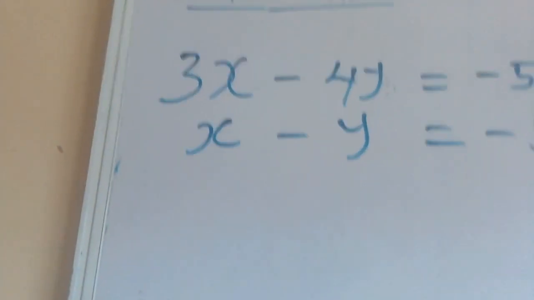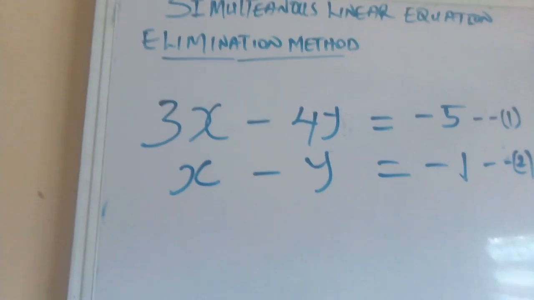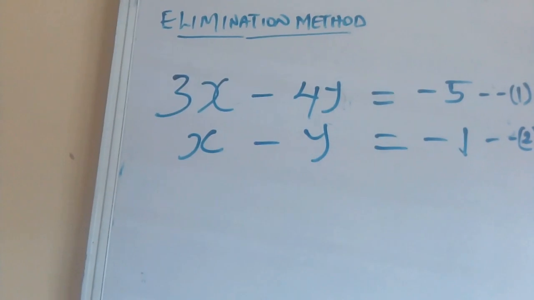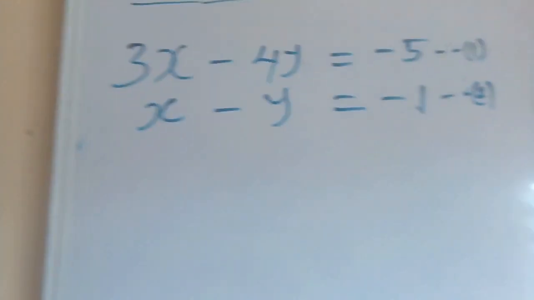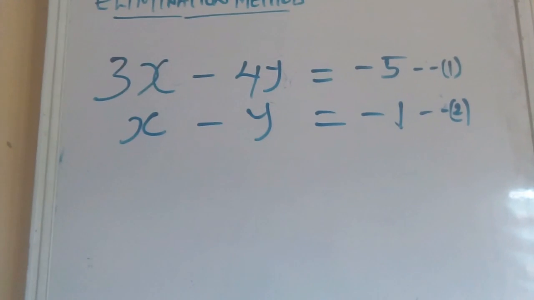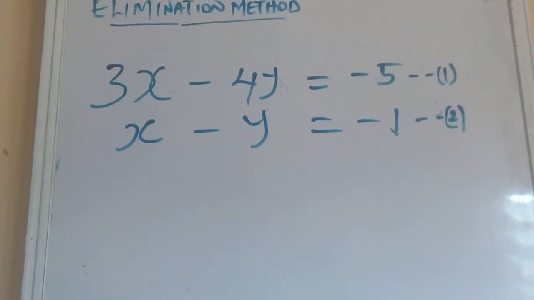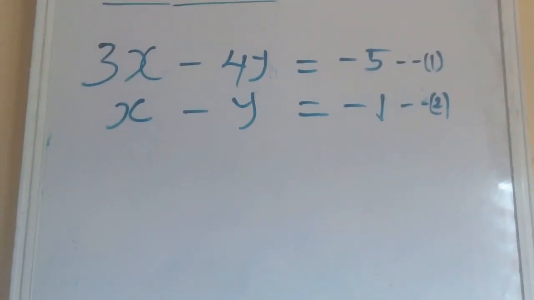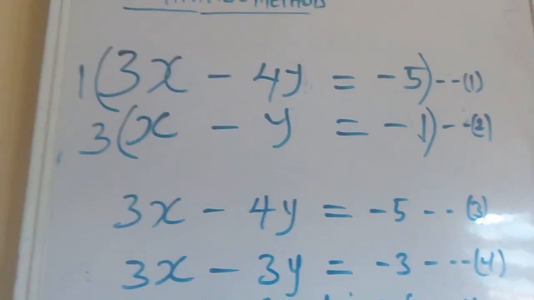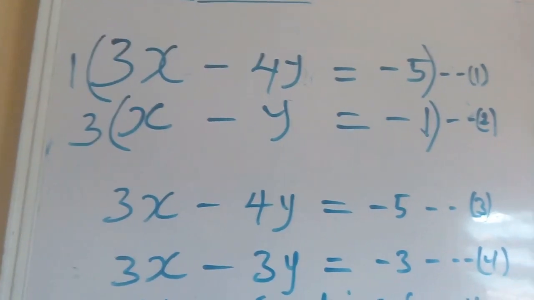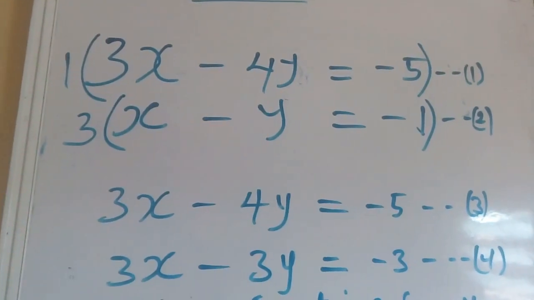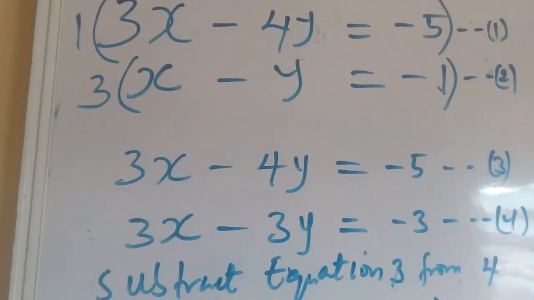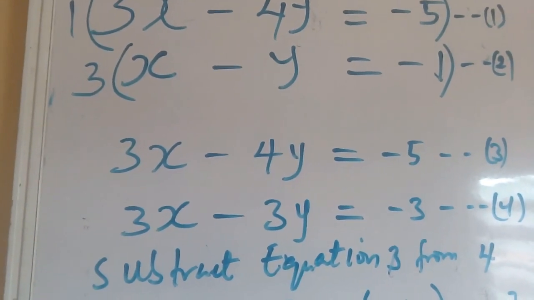So what I'm going to do now is multiply equation 1 by 1, because the coefficient of x is 1, and multiply equation 2 by 3. Let's do that and see what we have. What we are going to achieve is an equal coefficient for x.